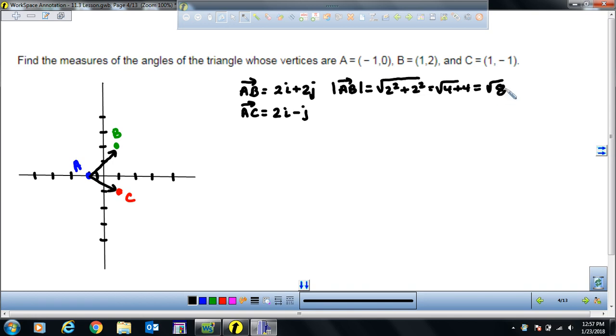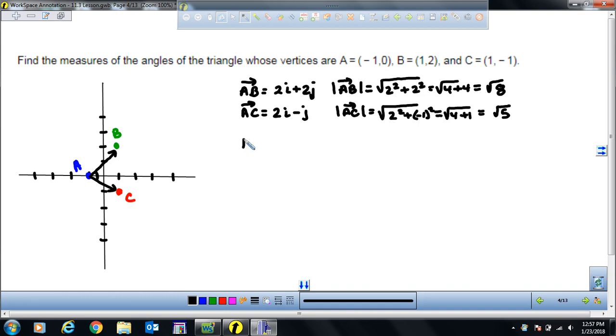We can simplify it, but we don't need that, since we're going to put it in a formula. Then the magnitude of AC is the square root of 2 squared plus -1 squared, which is 4 plus 1, and that is 5.